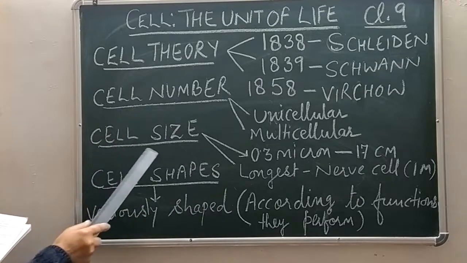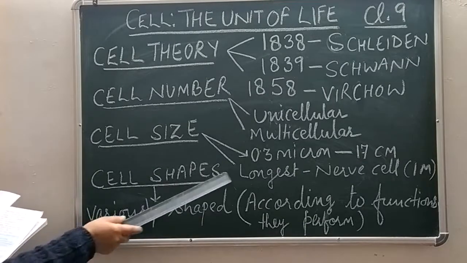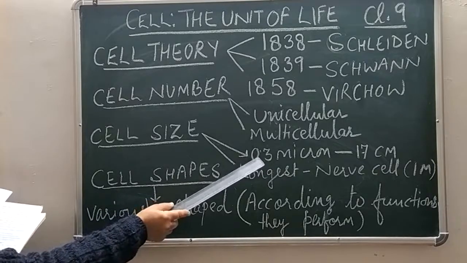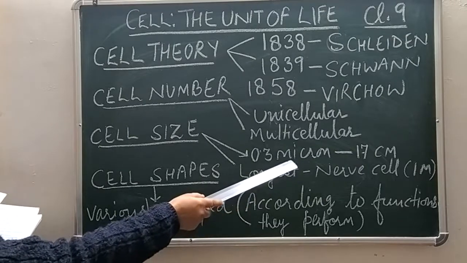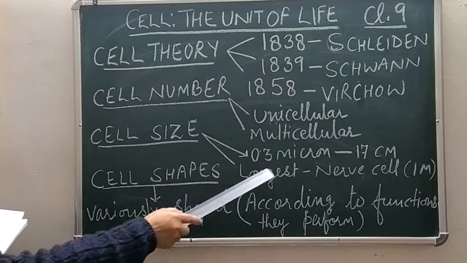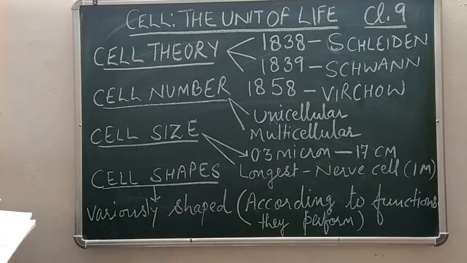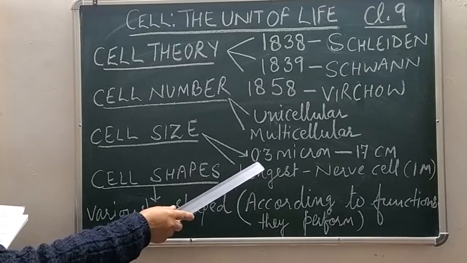Next point is cell size. How small is the cell? Cells vary from 0.3 micron to 17 centimeter. Now what is this micron? Micron is the unit of measurement, and 1 micron is equal to 1,000th part of 1 millimeter.